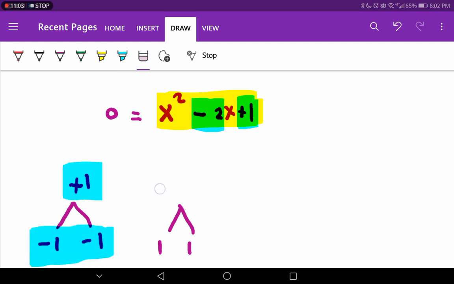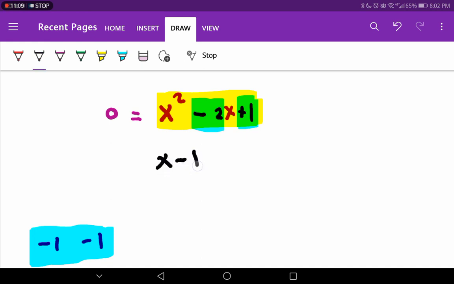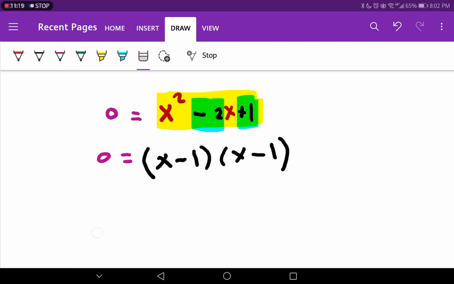So the answer is (x minus 1) and (x minus 1). This gives 0. You see how I factorize the quadratic equation. Now you will write x minus 1 equals 0, that means x equals 1.